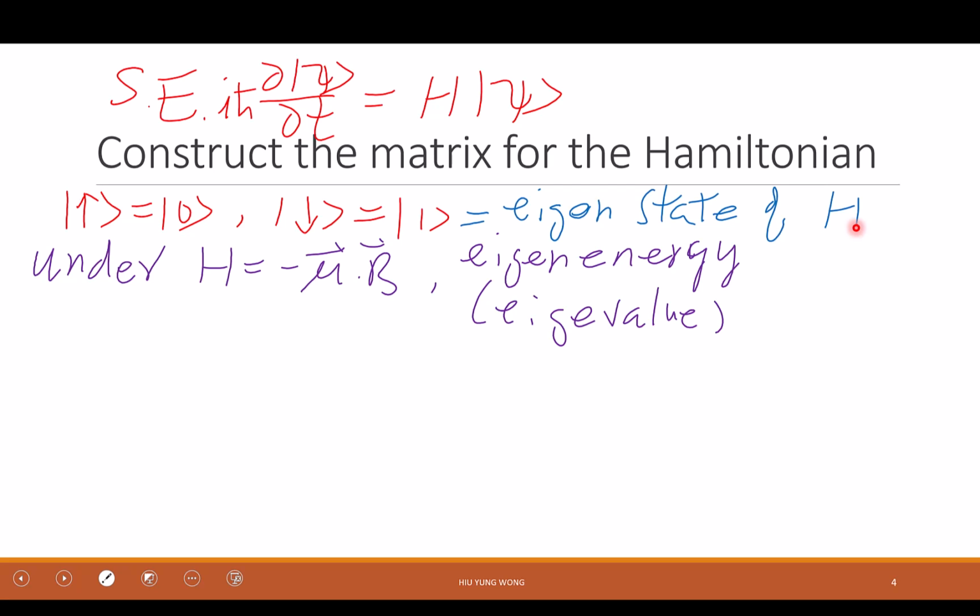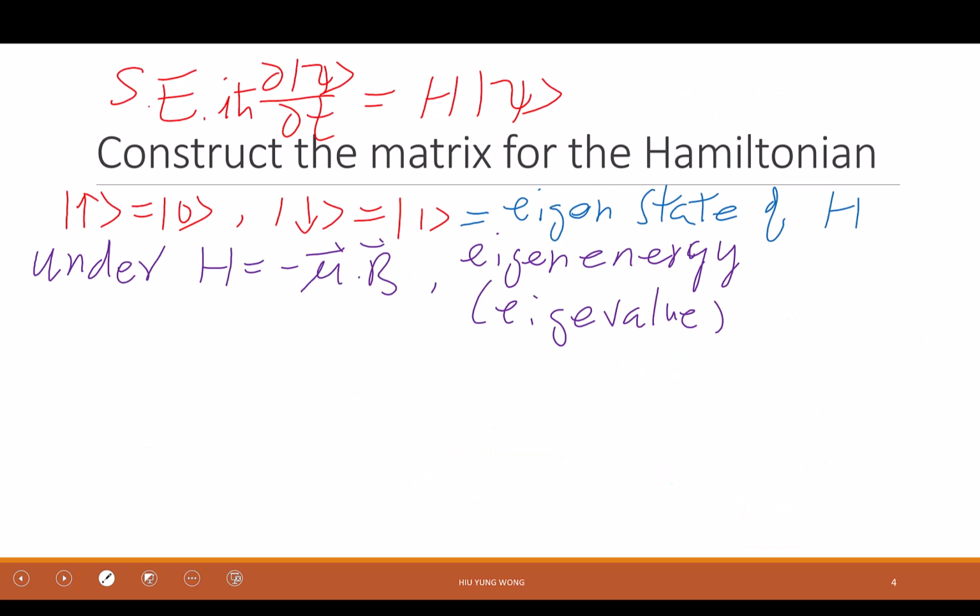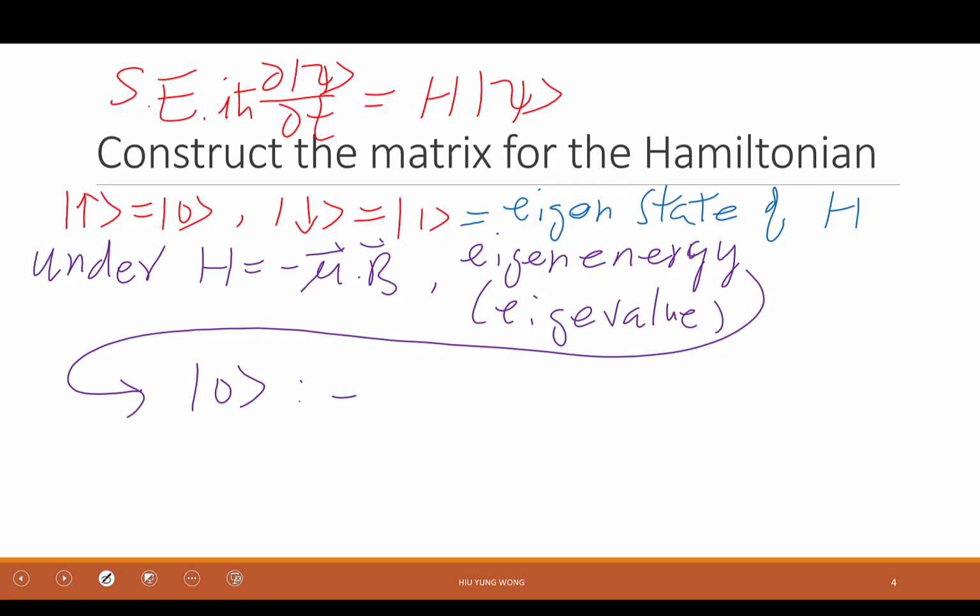Now, if that is the case, how about the eigenvalue of this H? If this is the eigenstate, then of course it is what we measure from here, right? So the eigenvalue, the eigenenergy, for 0 will be negative mu B, because this is the energy that you will get when you put it in the system.